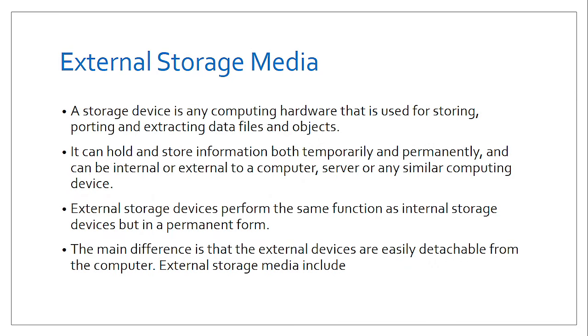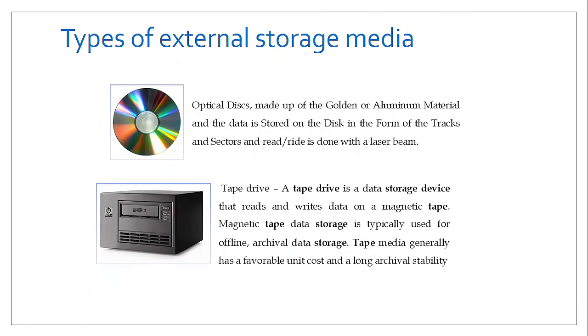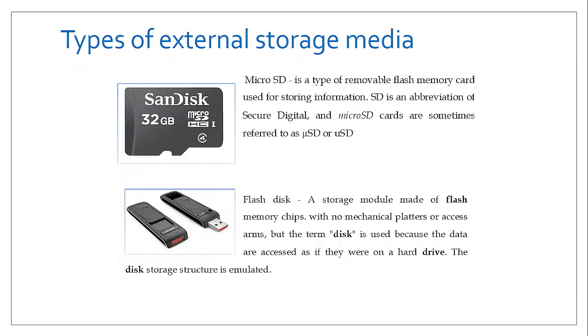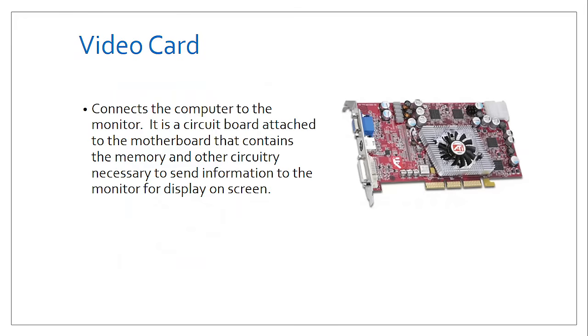So let's take a look at examples of these storage media. I've mentioned the optical discs and the tape drives. You can use the memory cards and also the flash disks, right? If you want to understand more about computer architecture, you can also understand how the various expansions work, or how to upgrade your video cards.